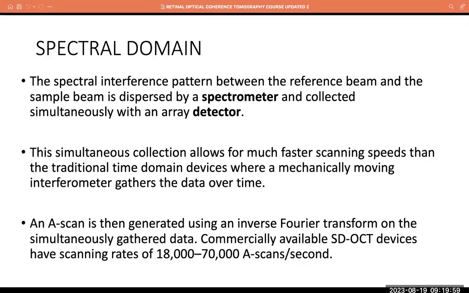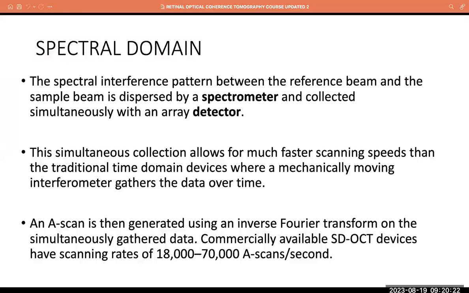Those happen simultaneously. That makes for faster scanning, less artifact and good resolution. It can scan at speeds of 18,000 to 70,000 A scans per second compared to the time domain, which is just 400.